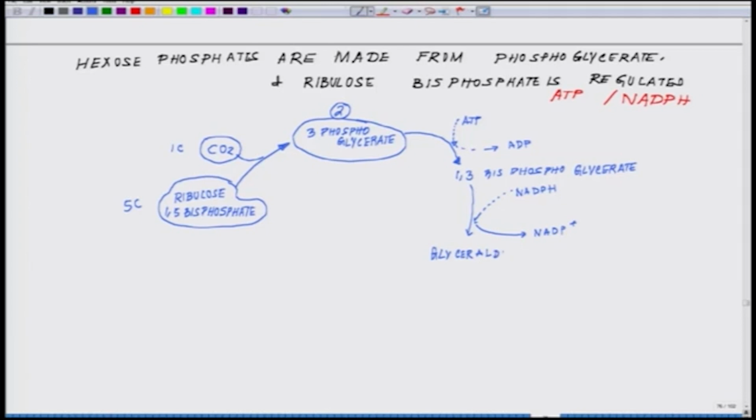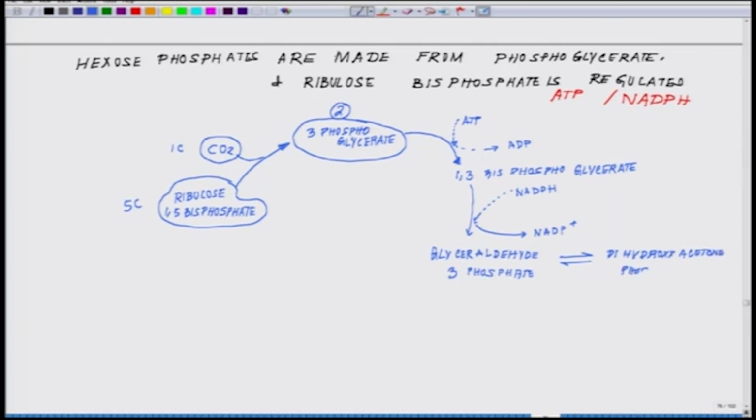glyceraldehyde 3-phosphate. And glyceraldehyde 3-phosphate could change its structure to dihydroxyacetone phosphate.